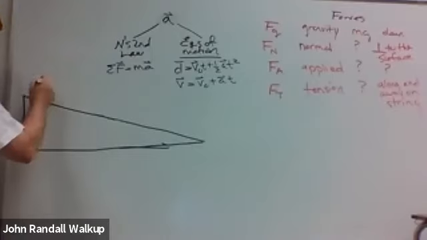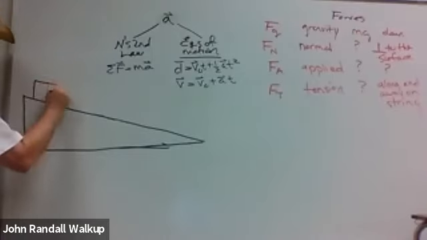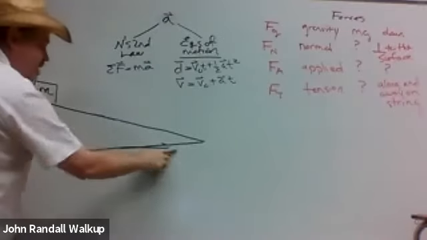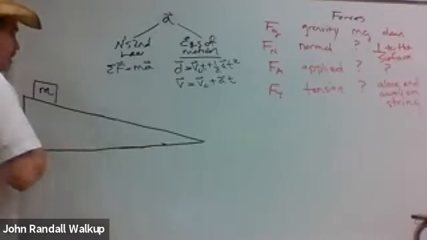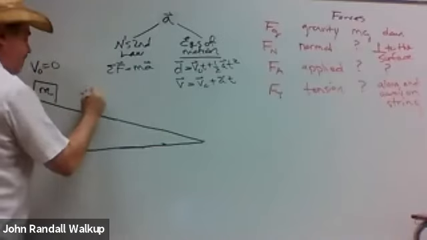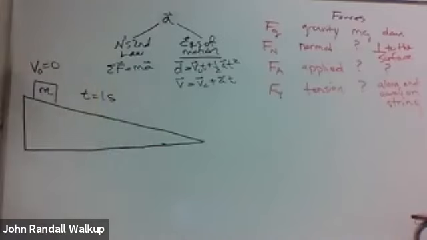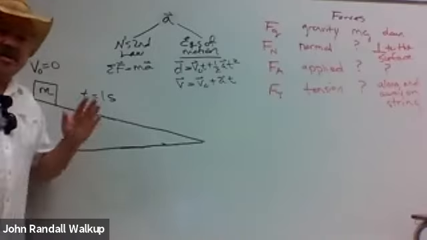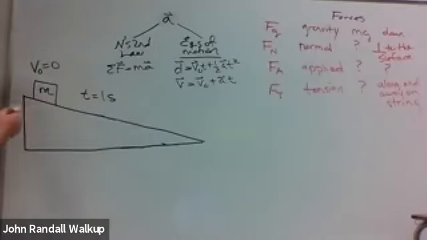Okay, so I have my mass. And my initial velocity is 0. The time is 1 second. That's kind of all I know. So what do we have to find? What's the holy grail?